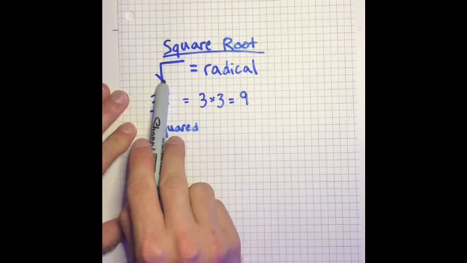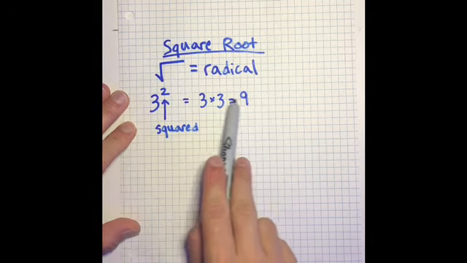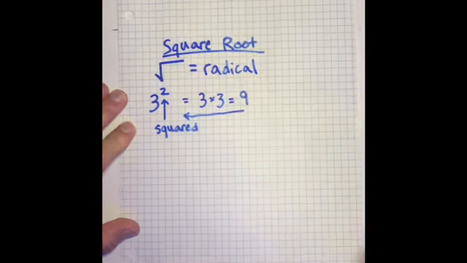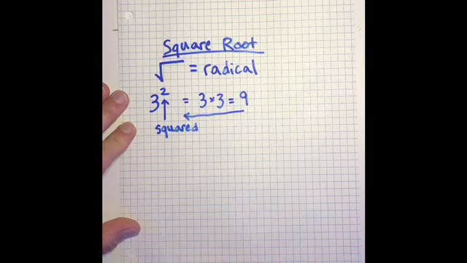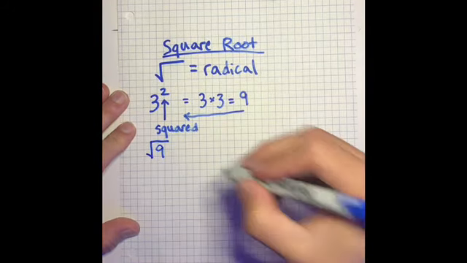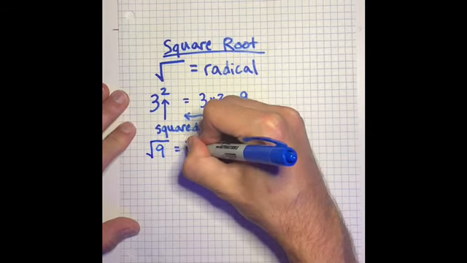The radical here basically takes this process and reverses it. So it says that the square root of 9 is equal to 3.